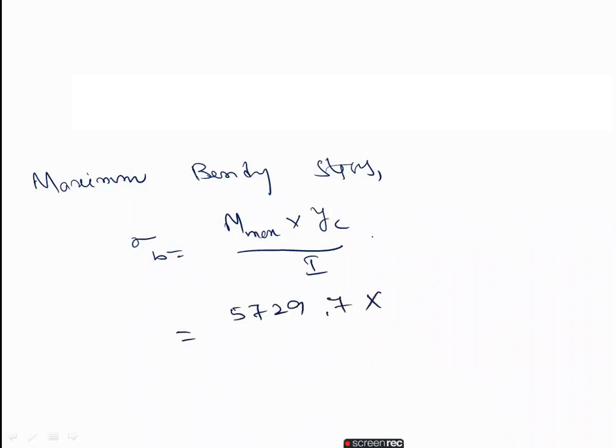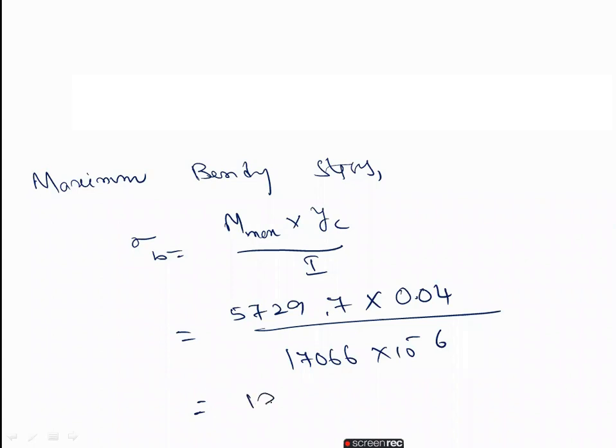Yc just now we calculated, that is 0.04. I value, that is the moment of inertia we calculated already, that is 17.066 into 10 power minus 6. Once you solve this one, you will get finally 134.3 into 10 power 6 Newton per meter square. Okay, this is the sigma b value.